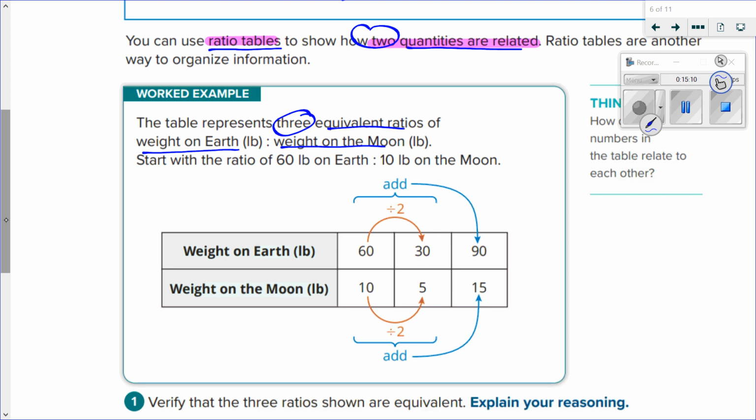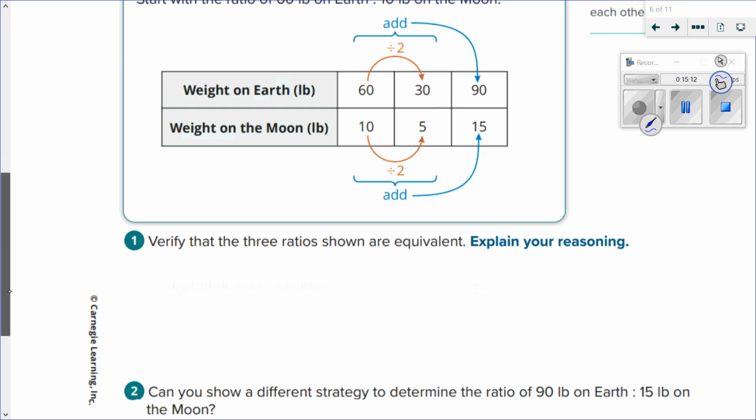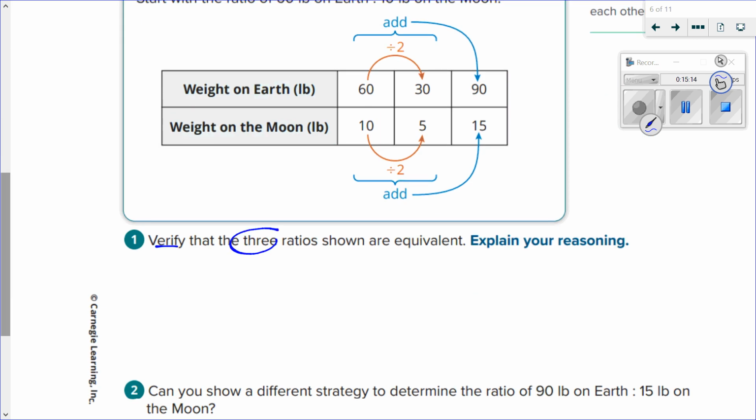Okay. Now, let's verify that the three ratios are equivalent. Explain your reasoning. So this gets back down to our definition of equivalent ratios. Who remembers the definition of equivalent ratios? How do we know the two ratios are equivalent? Anybody?